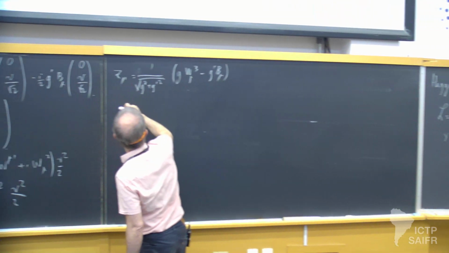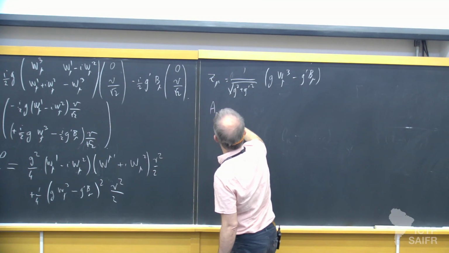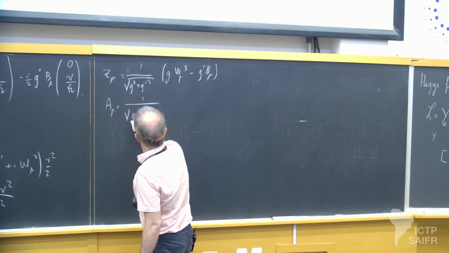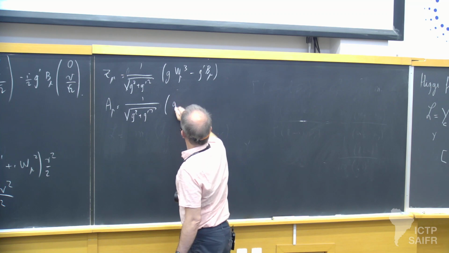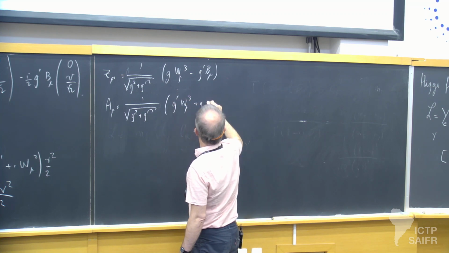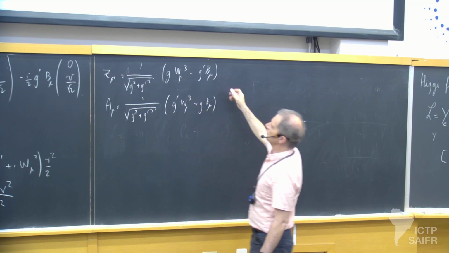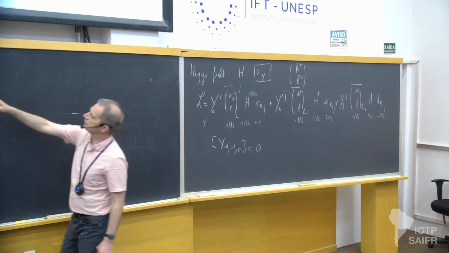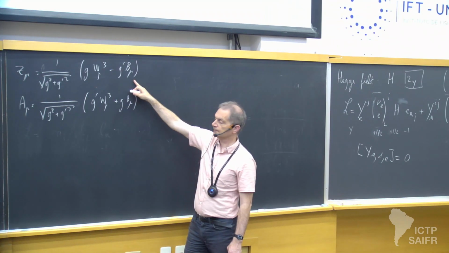And then the orthogonal linear combination that will become the photon is just this one: G prime W mu 3 plus G B mu, over the square root of G squared plus G prime squared. So these are just two orthogonal linear combinations of W3 and B.